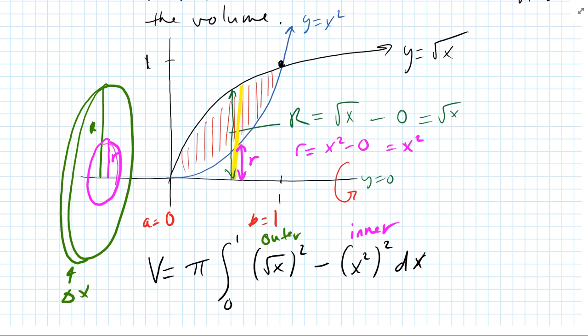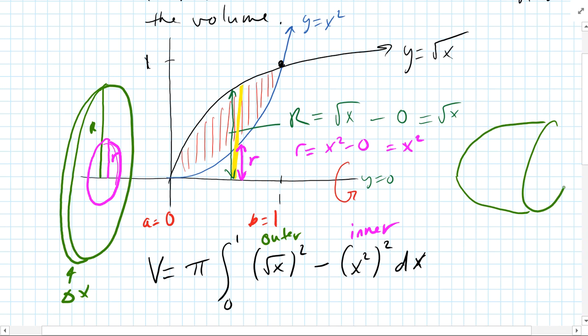The outer surface is going to be like this, right? And my inner surface is going to be a tornado. Or a tulip. Y'all see that? I'm not going to color it in.